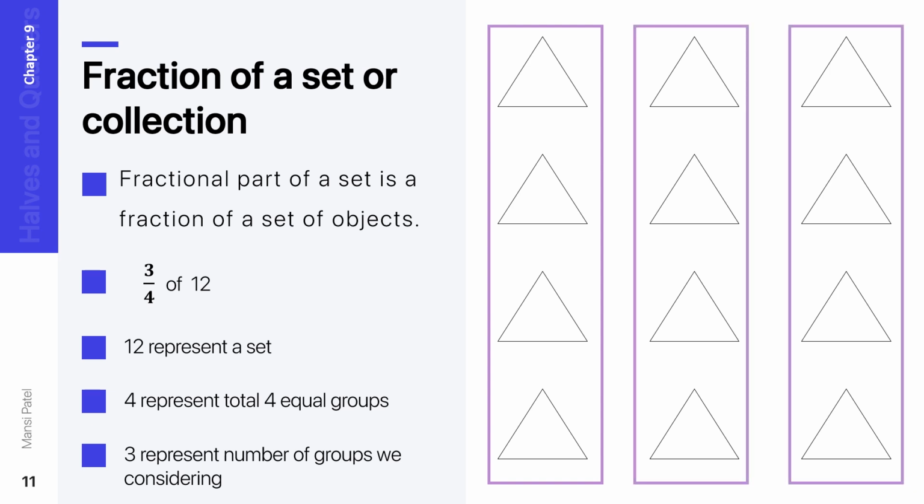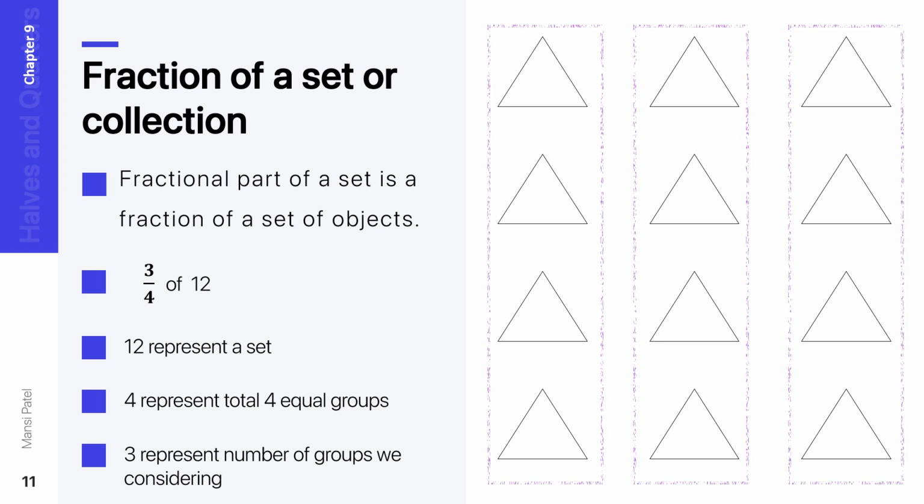In the third group, 4 triangles. So see here, we are just dividing these 12 triangles into equal parts. How many groups are there? 3. In one group, how many triangles are there? 4 triangles.